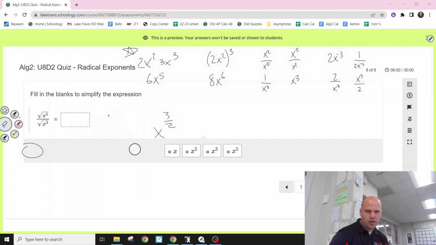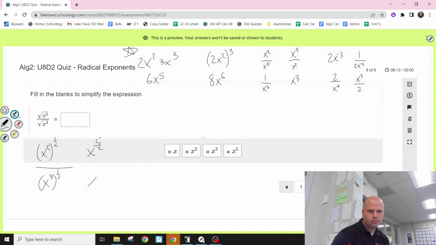Another good one where we are combining rules. We'd start by writing this as x to the 5/2, and this is x to the 3/2. What has more? 5/2 is more than 3/2.